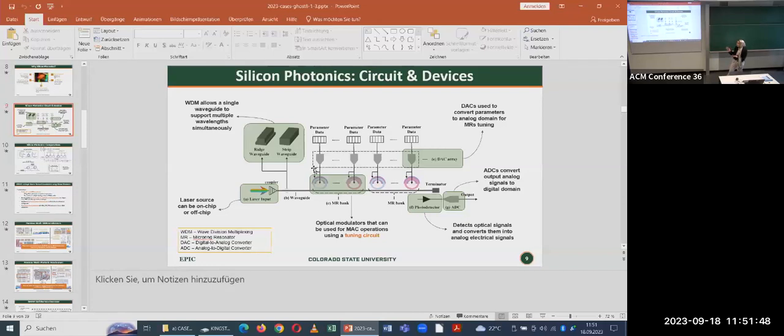Then we use the MR devices to imprint the GNN values onto the optical signals. And then these optical signals are converted to the digital domain using the photodetectors and the ADCs. But they were also simulated in your system? Yes, they're all simulated. And what sort of lasers did you use? Mostly VCSEL units. Thanks.